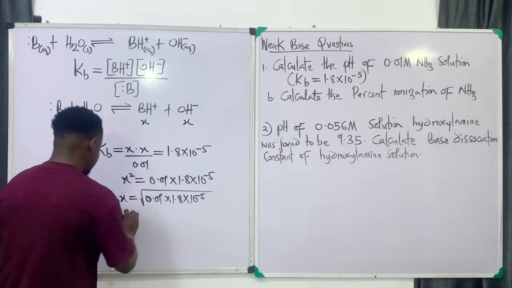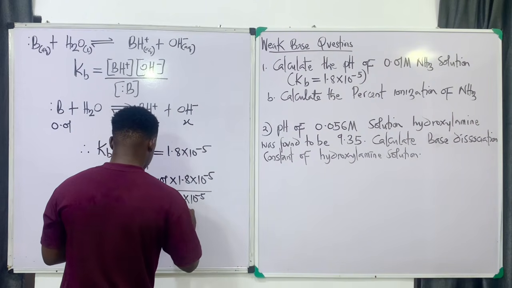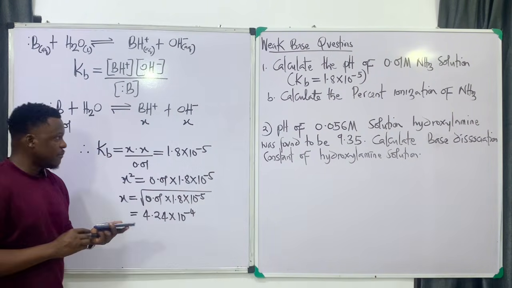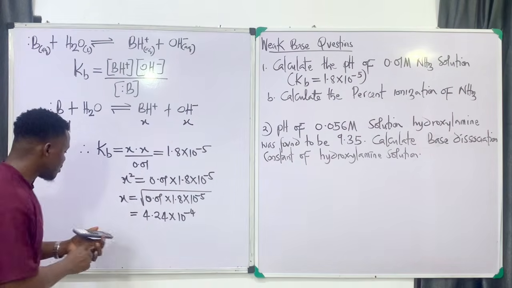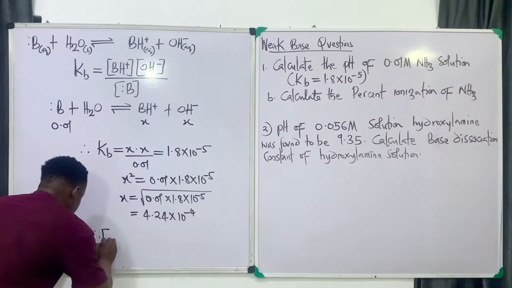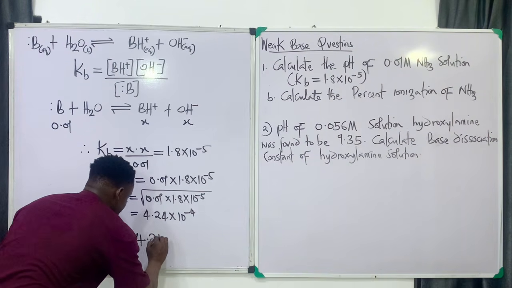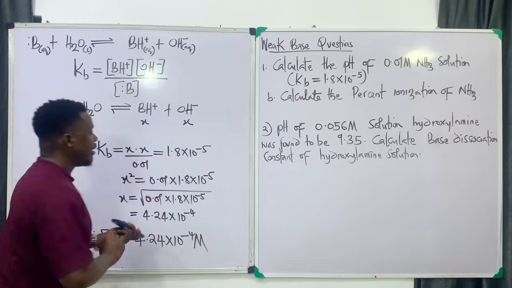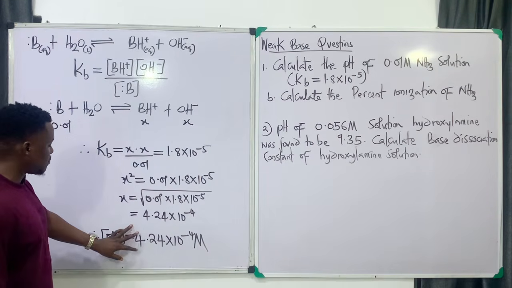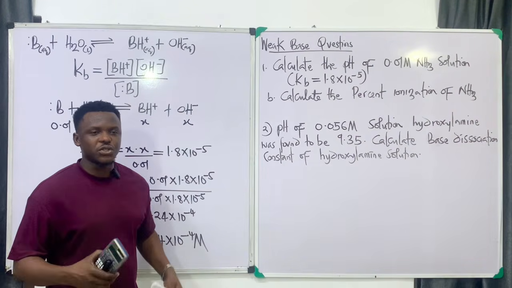So our X, now remember, since this is a weak base, this X stands for OH minus. So therefore, concentration of OH minus is 4.24 times 10 raised to the power minus 4. Now, since we have gotten the value of OH minus, we can now proceed to solve for pOH. And after which, we'll solve for pH.